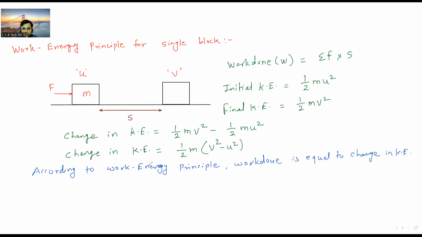So what is the work done? This is the work done here, summation F into S. So work done, summation F into S, is equal to the change in kinetic energy, which is this one, half m, v square minus u square. So this is the work energy principle for the single block.